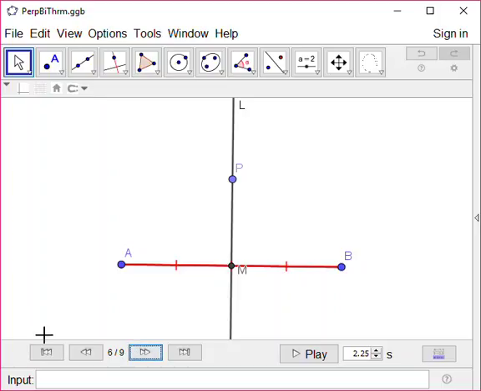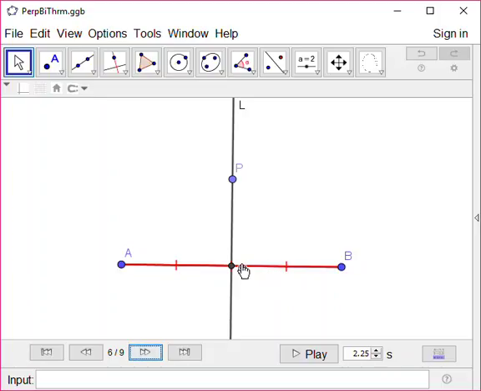Now in triangle AMP and triangle BMP, angle PMA is equal to angle PMB, which is equal to 90 degrees. These two angles are both equal to 90 degrees, since L is perpendicular to segment AB.